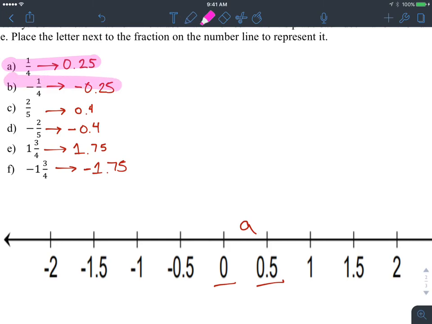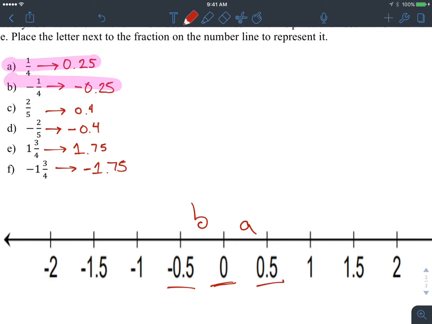B is the same thing except opposite. It's a negative value. So I'm going to place it right here because it's going to be between 0 and negative 5/10ths. C, 0 and 4/10ths. Well, I know that 4/10ths is greater than 25/100ths, but is also less than the 5/10ths.